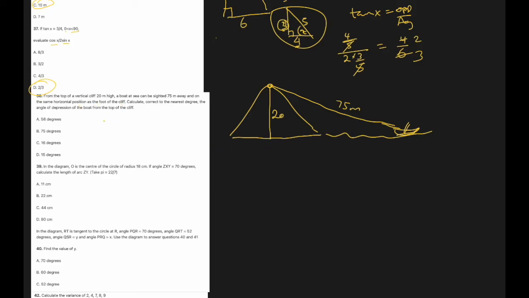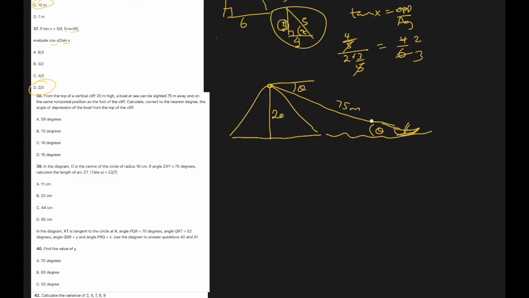Calculate, correct to the nearest degree, the angle of depression. The angle of depression is this, of the boat from the cliff. So the angle of elevation from the boat will also be theta. If they are alternate angles, they are equal all the time.